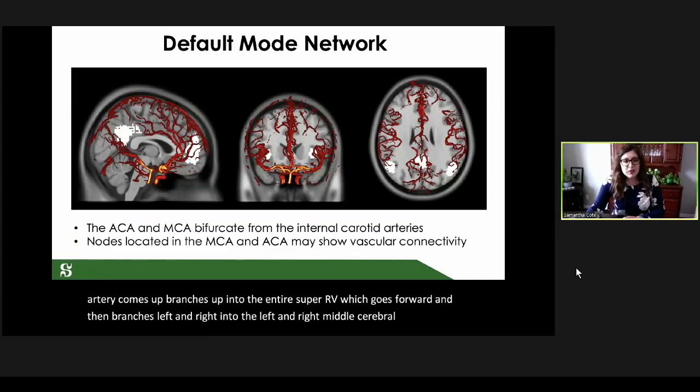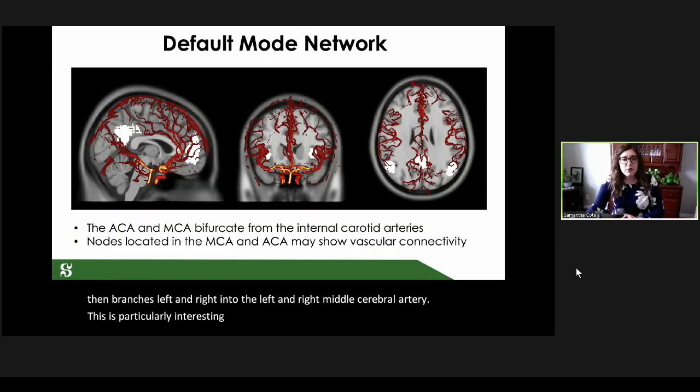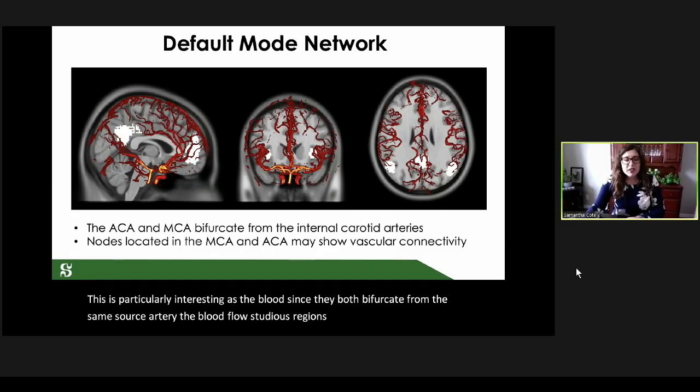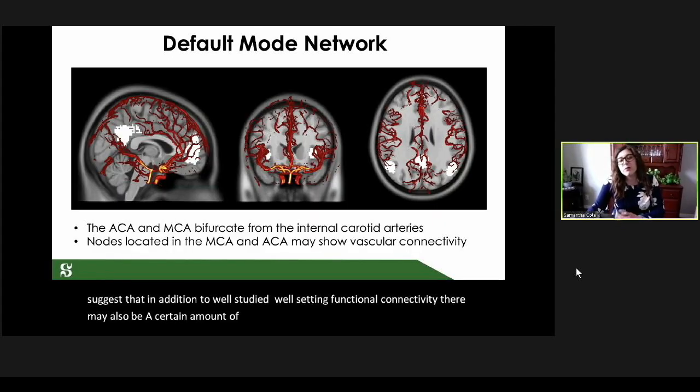Since they both bifurcate from the same source artery, the blood flow through these regions is all connected. This may suggest that in addition to well-studied functional connectivity, there may also be a certain amount of vascular connectivity within these regions, which may need to be further studied in future experiments.